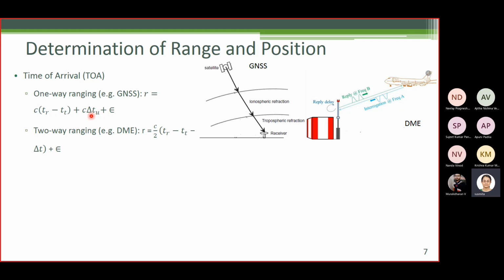In 2D we had only X and Y coordinates, 2 unknowns, and we needed 3 transmitters. Now in this case we have an additional clock, which means we have 3 unknowns. So we need 1 more transmitter. So in 2D, if we want to find the position unambiguously, we need a minimum of 4 transmitters because we have an additional unknown clock error term, right?